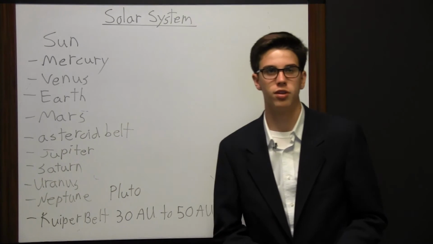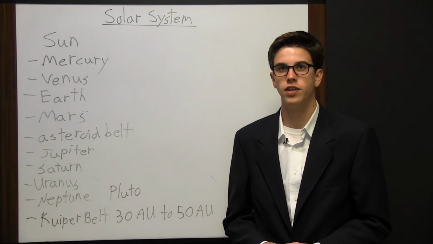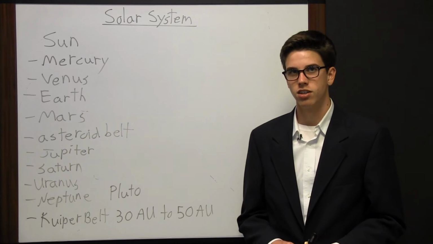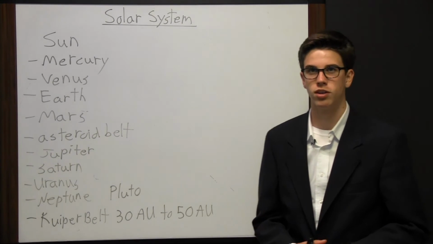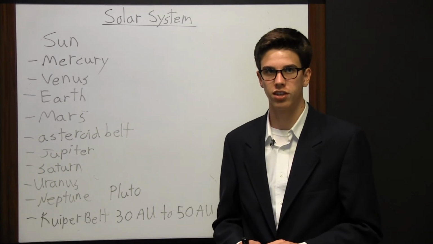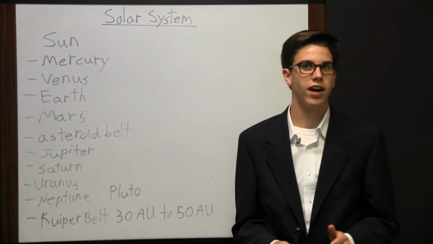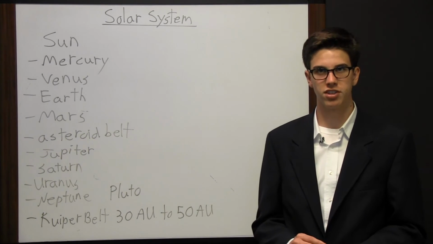So an astronomical unit is the distance from the sun to the earth, and so that's 150 million kilometers. So the Kuiper belt extends from Neptune at 30 astronomical units out to about 50 astronomical units. So that's a total of 1 light year, or 9.5 trillion kilometers from the sun.